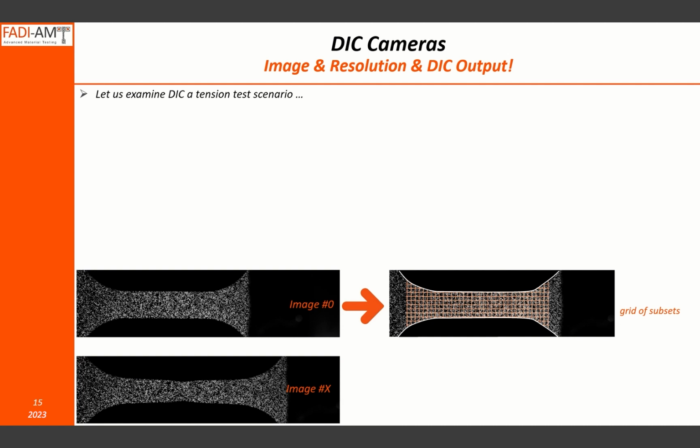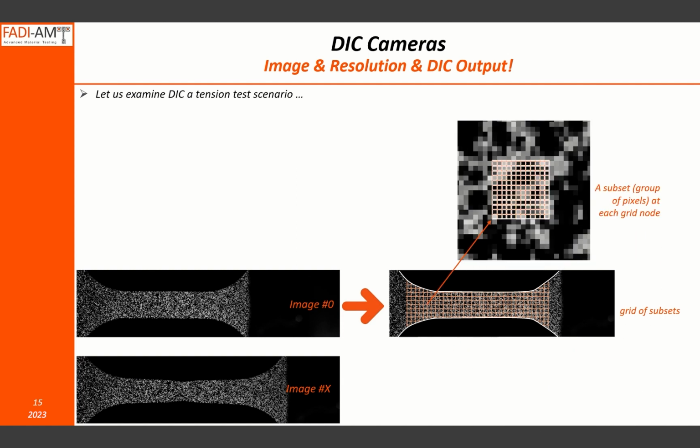Those points are distributed over a grid of subsets, meaning this virtual grid that I'm showing you on the right hand side. If you take any node in this grid, it should be represented with a subset, and that subset is a group of pixels. That group of pixels is technically arbitrary.